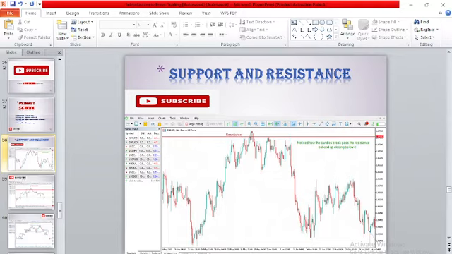Look at the diagram above. As you can see, the zigzag pattern is making its way up. When the market moves up and then pulls back, the highest point reached before it pulls back is now resistance.